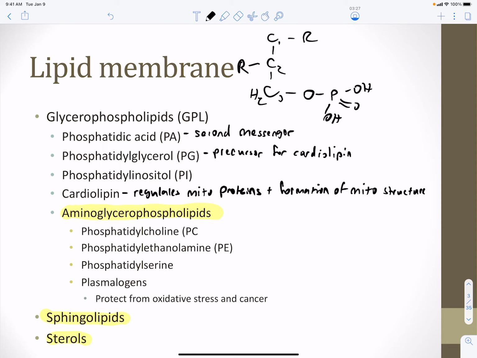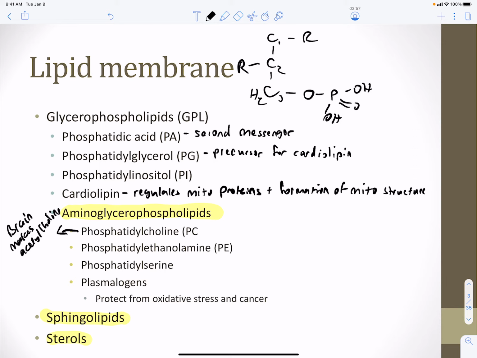Now, our aminoglycerol phospholipids, we've talked about some of these. We've talked about phosphatidylcholine. Phosphatidylcholine is going to be important for our brain. Brain is going to use this to make acetylcholine. And then also phosphatidylcholine is, of course, a major part of the membrane.